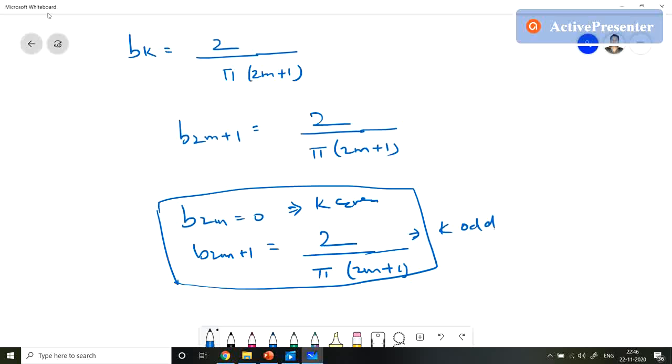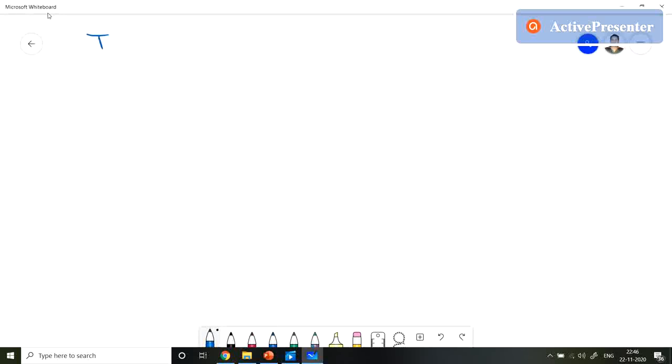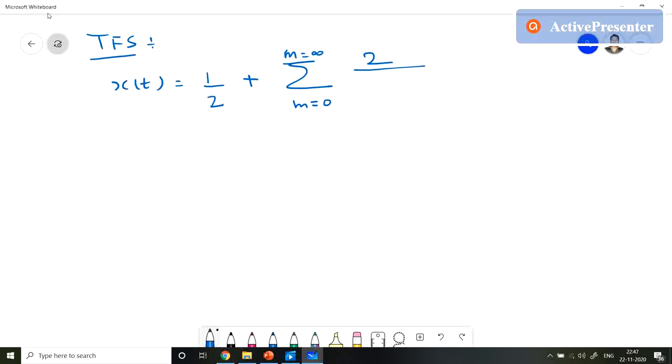So the trigonometric Fourier series, now we can write it as x(t) equals 1 by 2 plus summation m equals 0 to infinity 2 divided by pi into sine (2m plus 1) omega naught t divided by (2m plus 1).